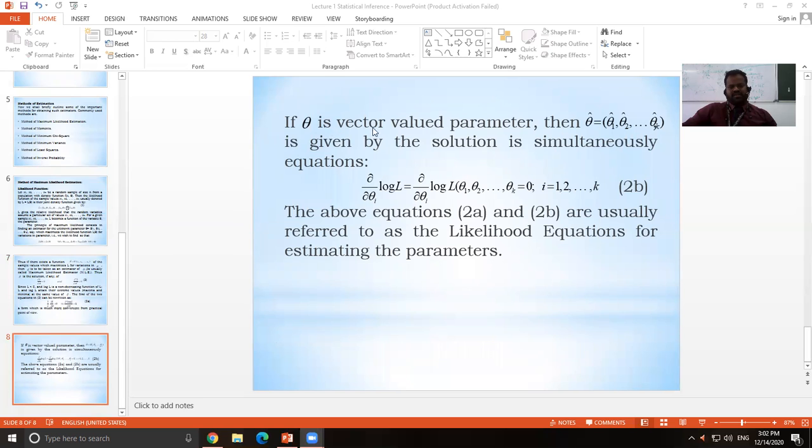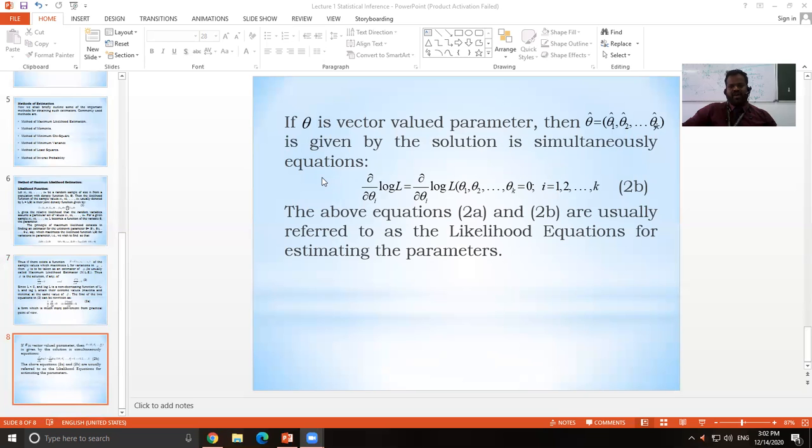Next, if theta is a vector valued parameter, then theta cap equals theta 1 cap, theta 2 cap, etc., theta k cap. These are the unknown parameter values. For k unknown parameters, the values are given by the solution of simultaneous equations.